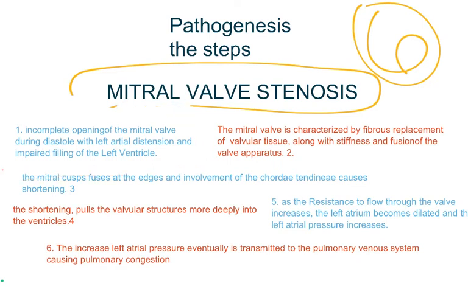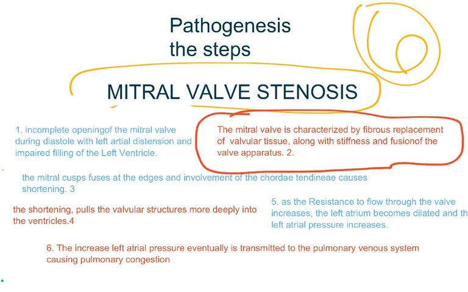Now in step number 2, the mitral valve is characterized by fibrous replacement of valvular tissue. So the tissue is being replaced by a fibrous component. And because of that fibrous component, there is stiffness and fusion of the valvular apparatus.